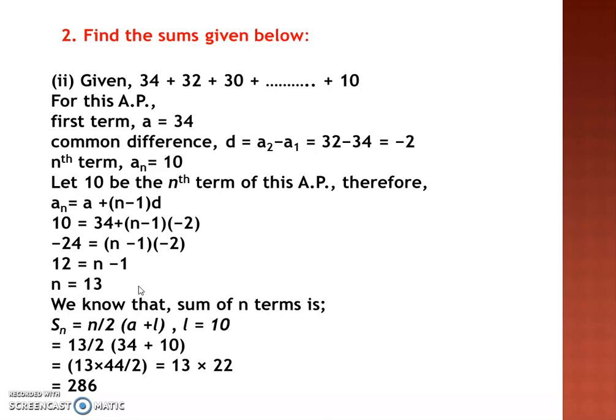So S13 is equal to 13 by 2 into A plus L. That formula can be used because you know the first term and the last term. So 13 by 2 into 34 plus 10. You will simplify and get the answer.